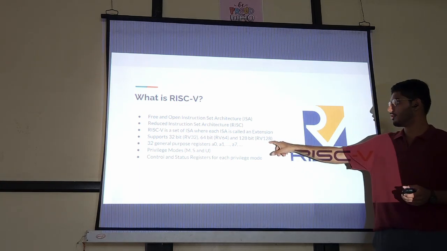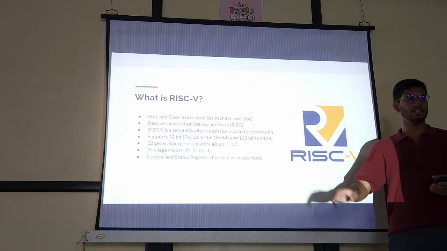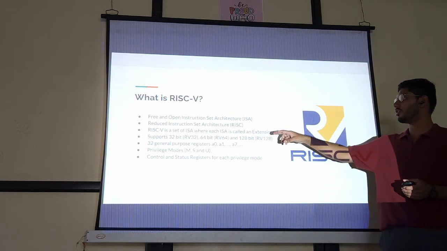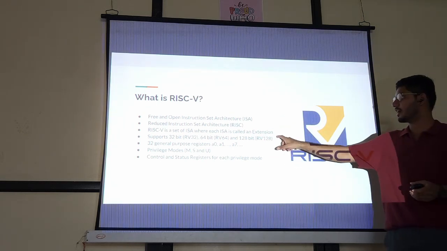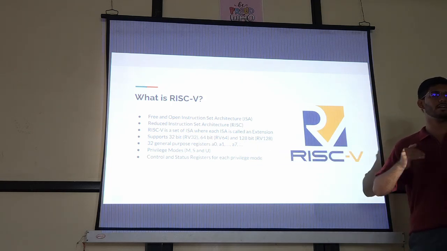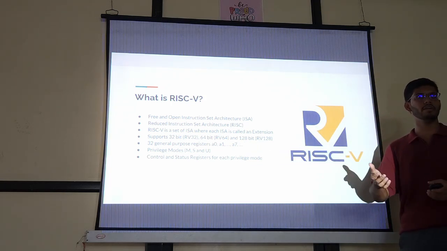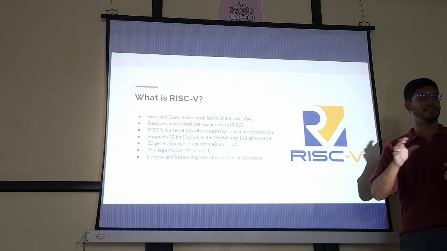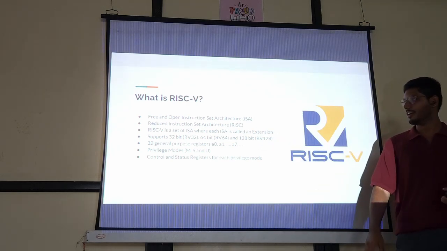This is the shorthand for a RISC-V based SoC. Whatever bit registers it has, it will be RV64, RV32 or RV128. The 128-bit is hypothetical, so that in future, if there is a requirement for 128-bit architecture, they are ready for it, unlike ARM and x86, which are not yet ready.